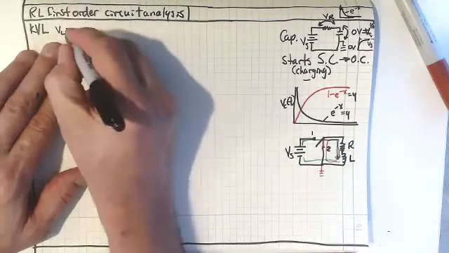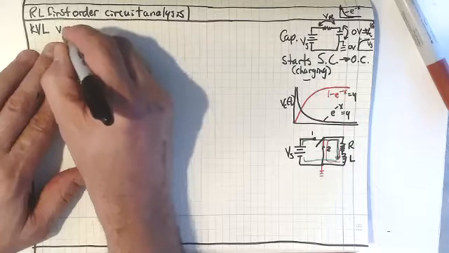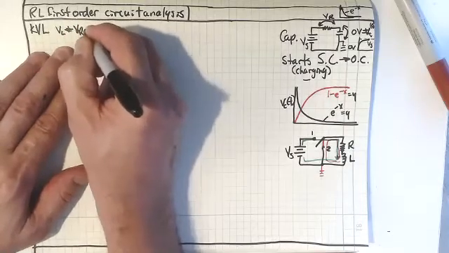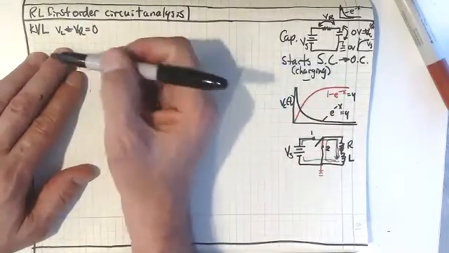The voltage of the inductor plus the voltage of the resistor, because one is opposite to the other, is going to equal 0, right? That's what KVL tells us.